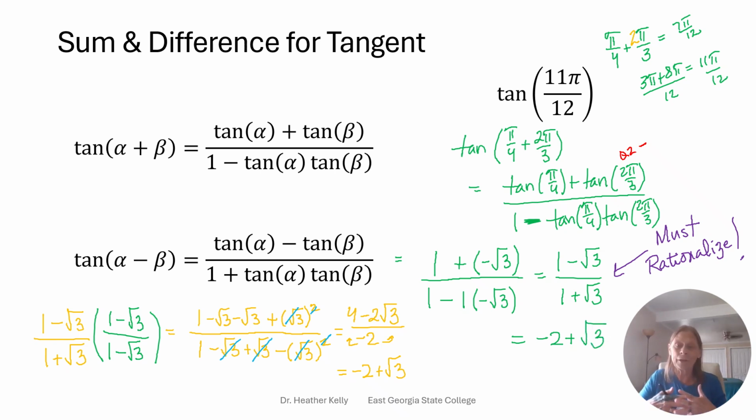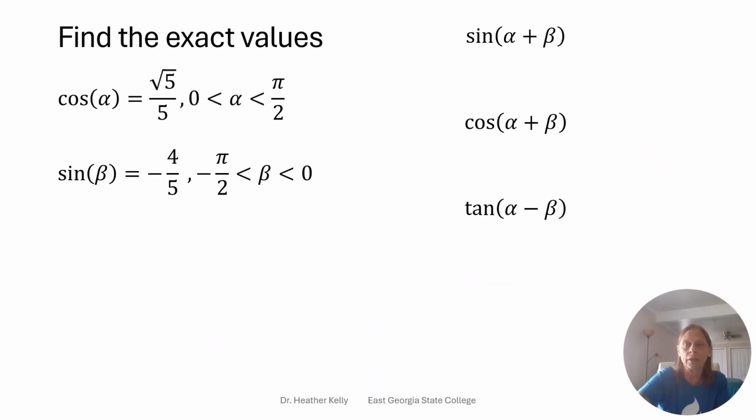Okay, so here the trig is not hard. It's some algebra business that's going to give you a little bit of run for your money. Okay, now how can I make this more challenging? Haha. Well, of course, here we go. I'm going to give you a cosine alpha with its restrictions, a sine beta with its restrictions.